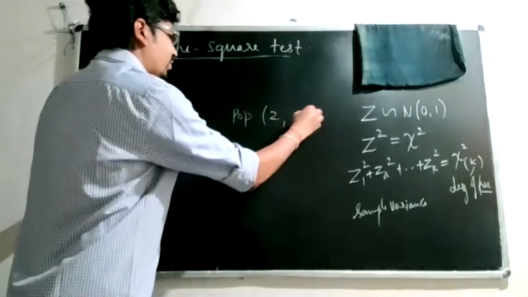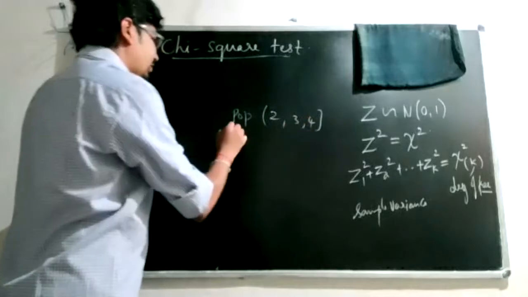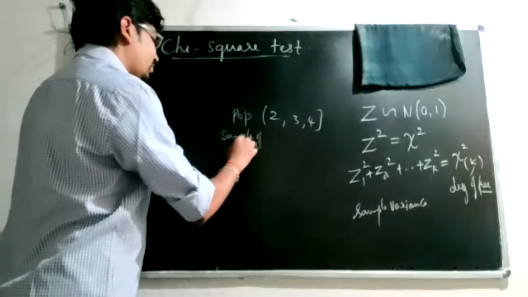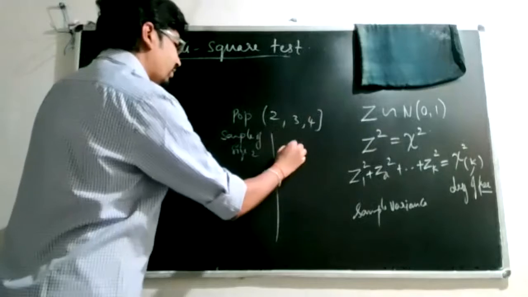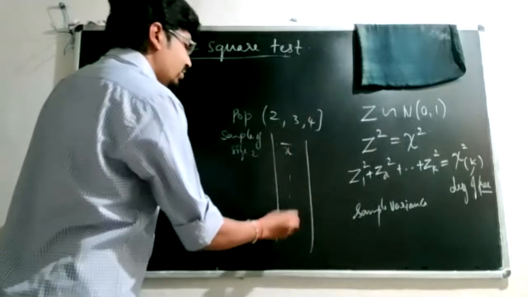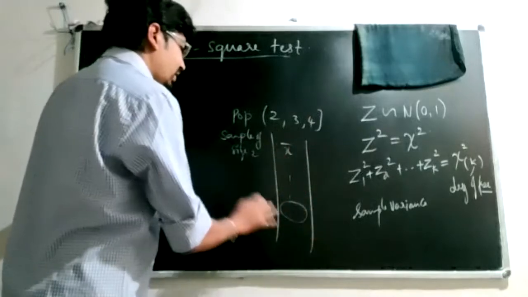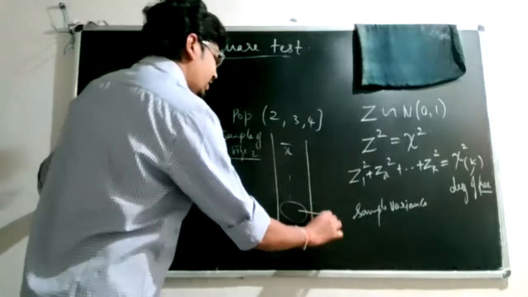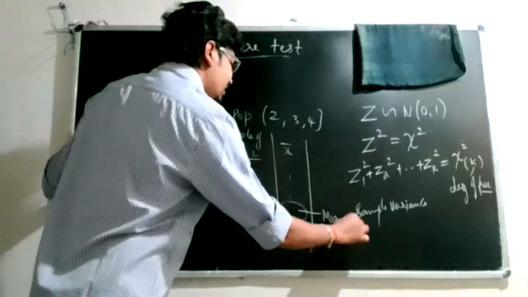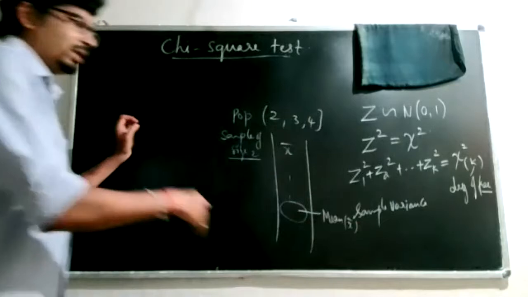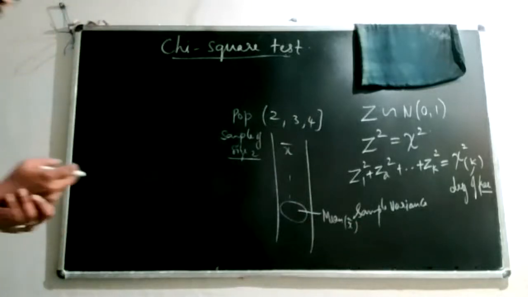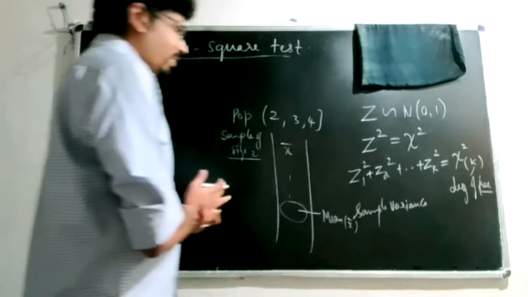I guess 2, 3, 4 was considered, and we selected various samples of size 2, and for that we computed the mean. I showed that the mean for all possible samples of size 2, which is called the sample mean, follows again a normal distribution with population mean mu and standard error sigma by root n.